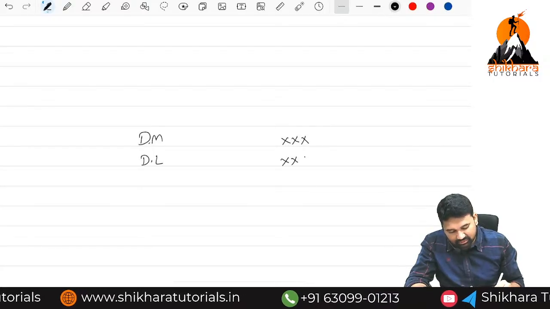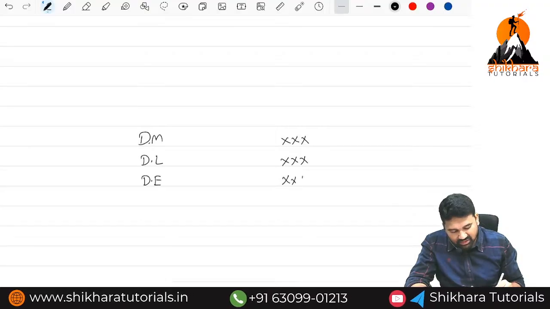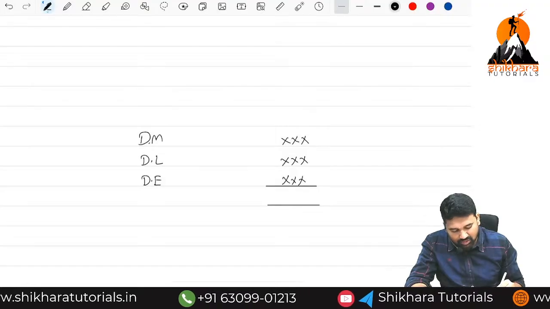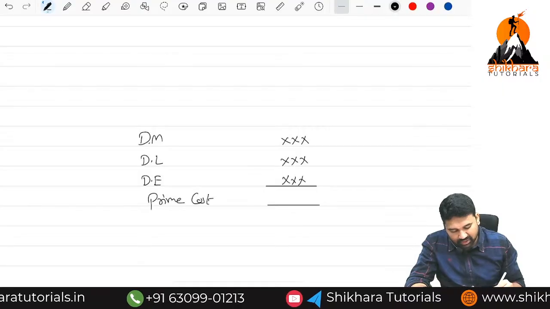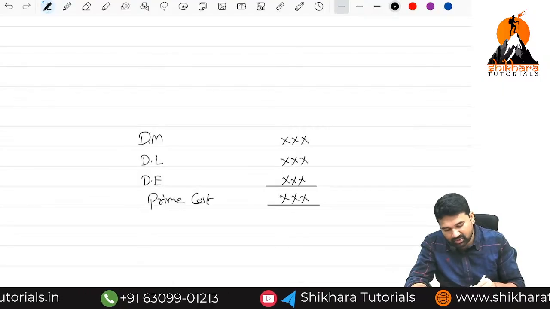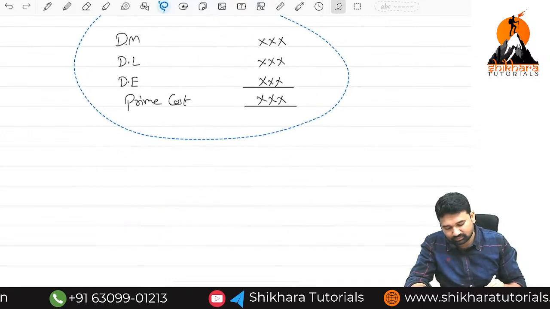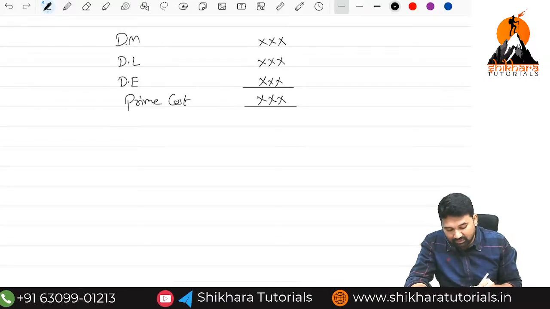And what is the second point? Direct labor. And what is the third point? Direct expenses. All three components sum up to prime cost. So what you will call prime cost. Okay. So after prime cost, what is the component we have to add?